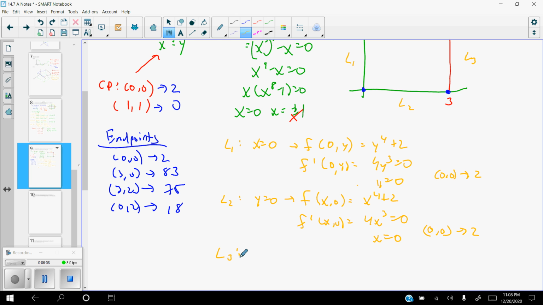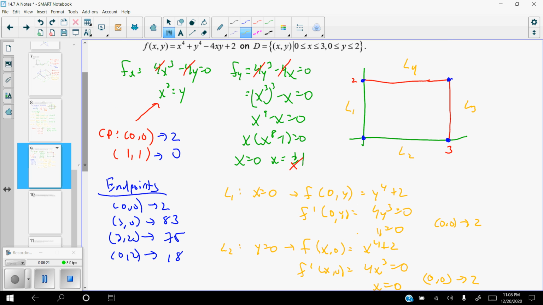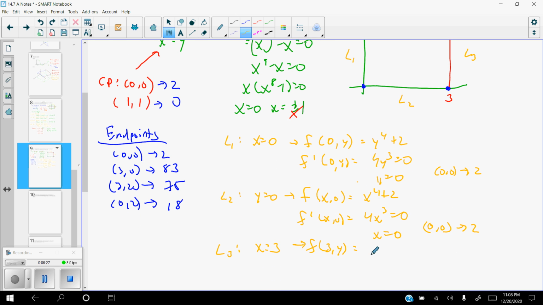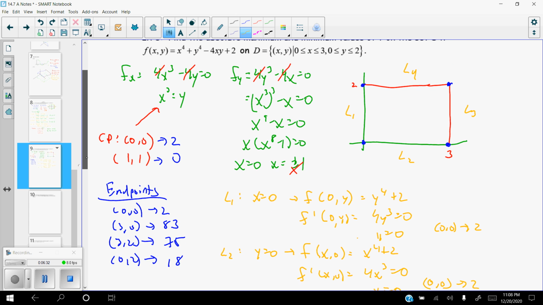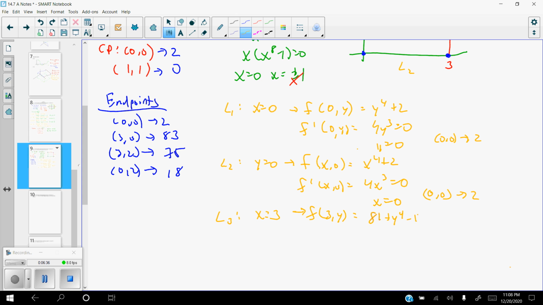L3 is going to be the equation x equals 3. So now I'm going to do the function of (3, y). This is going to be a little bit different because I actually have to plug some stuff in here. So plugging in a 3 is going to give me 81 plus y to the fourth minus 12y plus 2.